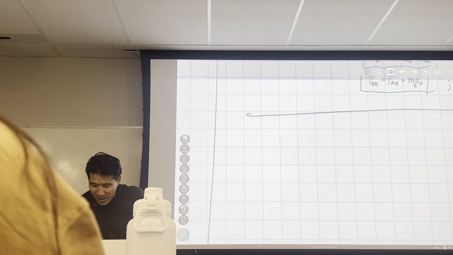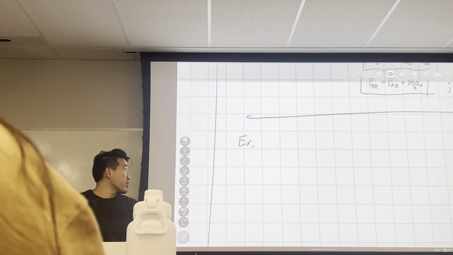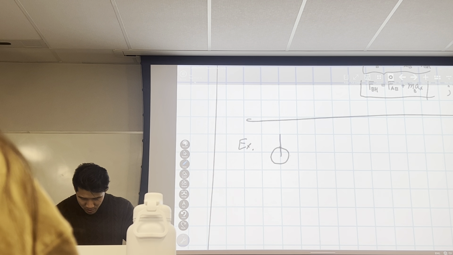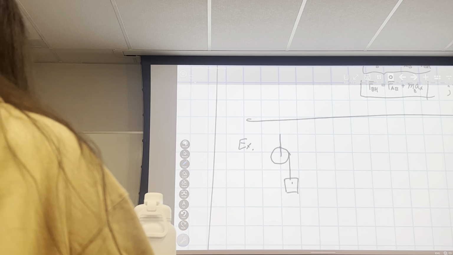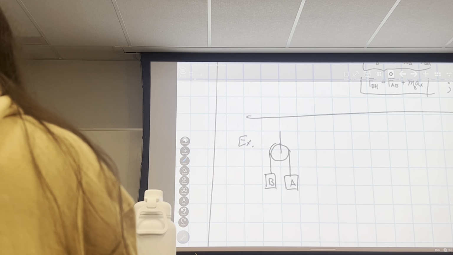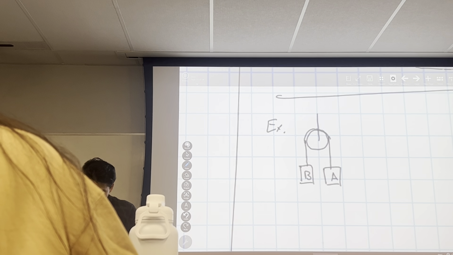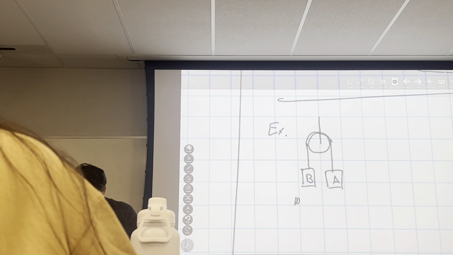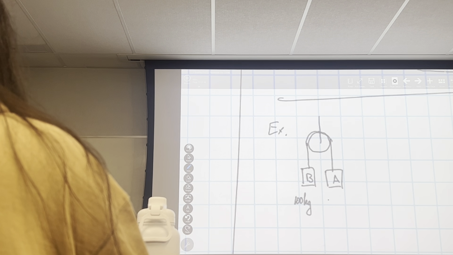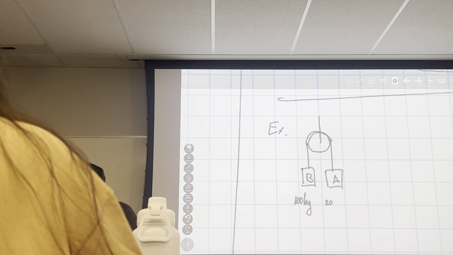Let's do a slightly more difficult example. So let's say, this time we're actually going to be using pulleys. A and B. Let's say B is 100 kilograms and A is 200 kilograms.